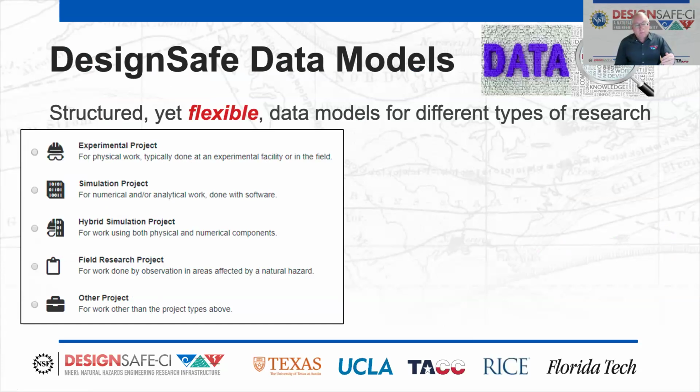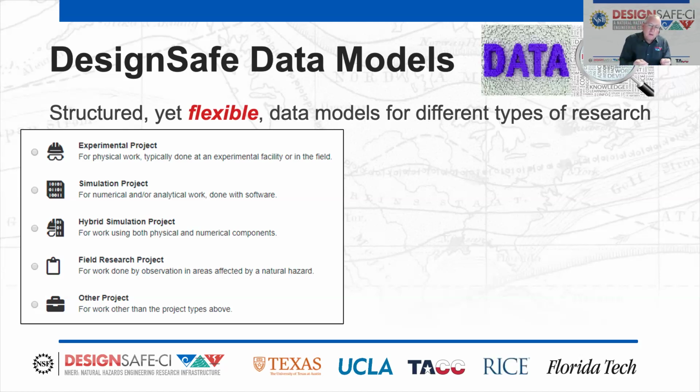So each project type has that structure. It's a little different based on whether it's an experimental project, a simulation project, hybrid simulation, which is using both physical and numerical at the same time. Field research covers not just engineering reconnaissance, but also this is where you'll find a lot of people publish social science-based research under the field research project.